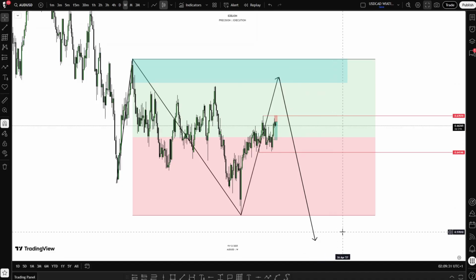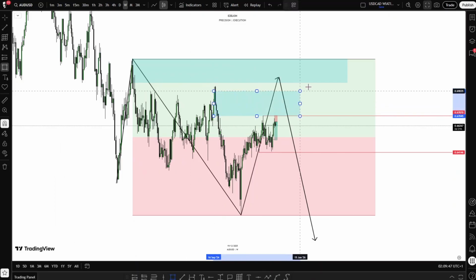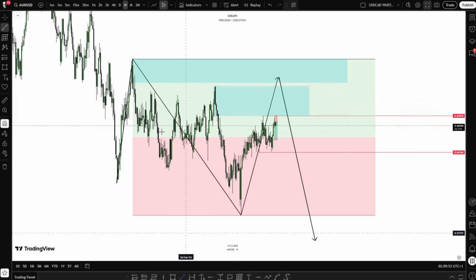But the reason why I still insisted that we can take it is that this is actually a new range that was formed. We tapped into the other block. Why do I think this is a new range? Because we swept this liquidity. This liquidity has been taken at this point.